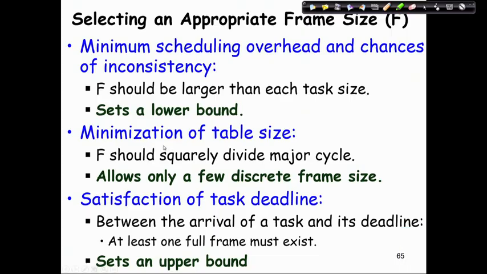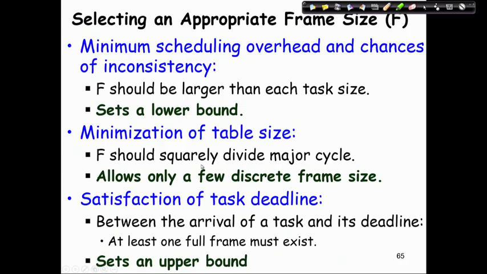The second consideration is minimization of the schedule table that we have to store. From this consideration, we require that the frame size that is chosen should squarely divide the major cycle, or it must be a factor of the major cycle. Based on this consideration, we can select only few discrete frame sizes.